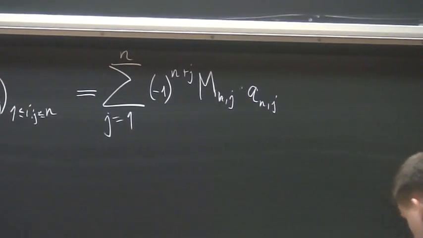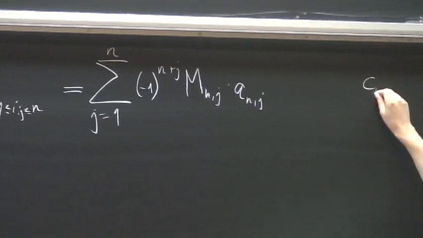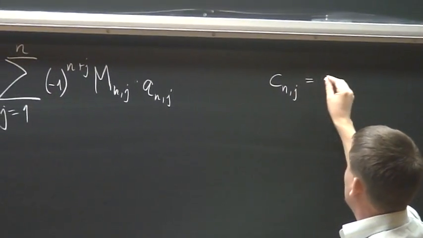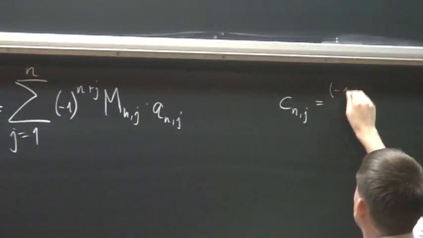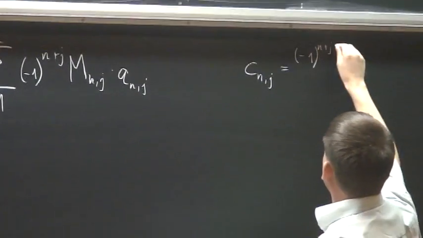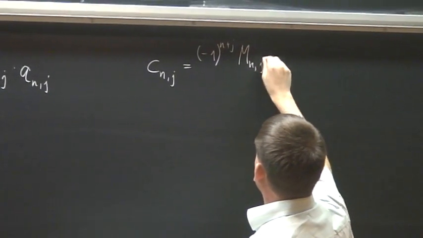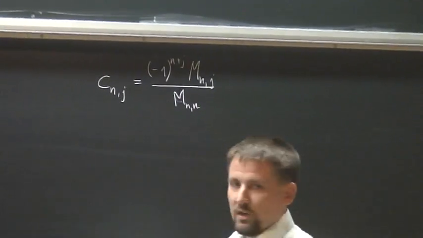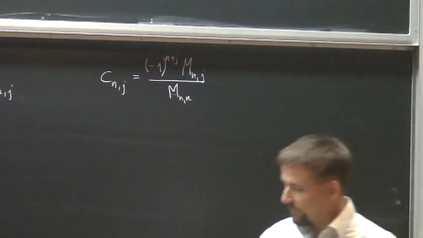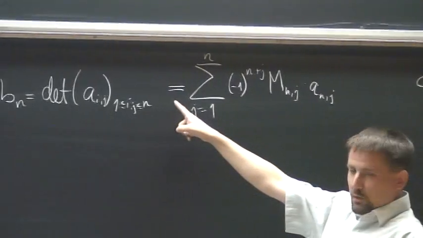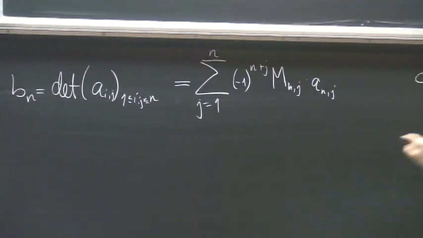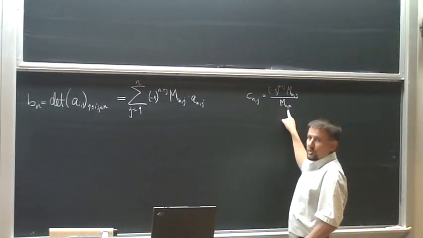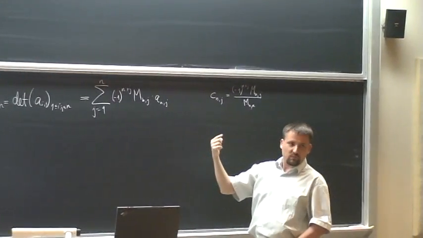Now what we do is we define this Cnj to be minus 1 to the n plus j Mnj divided by Mnn. And then we take this equation and divide it by Mnn, which is the same as Bn minus 1.